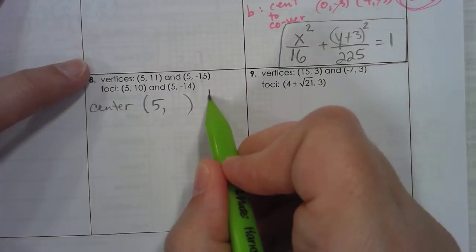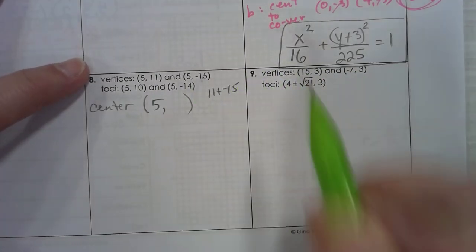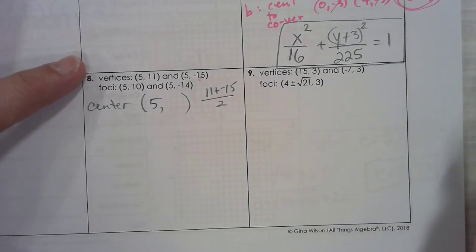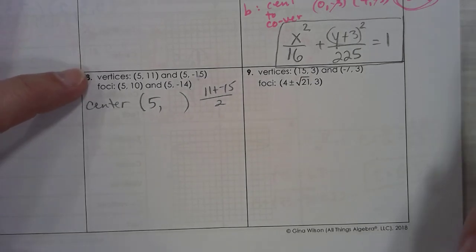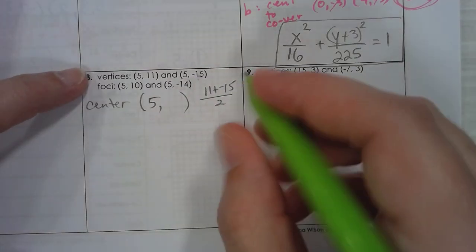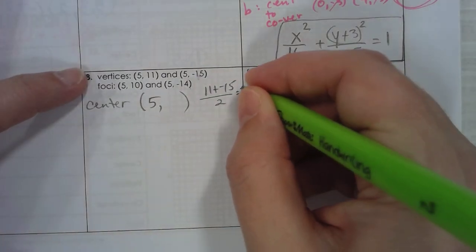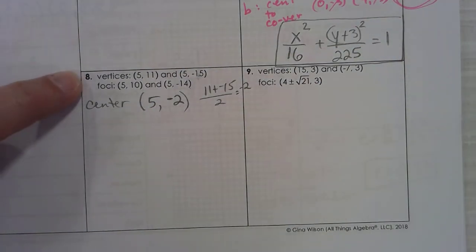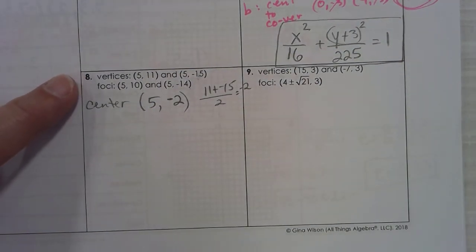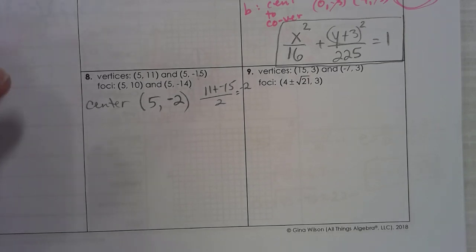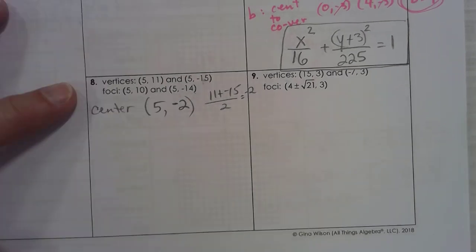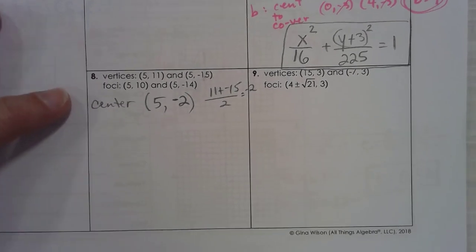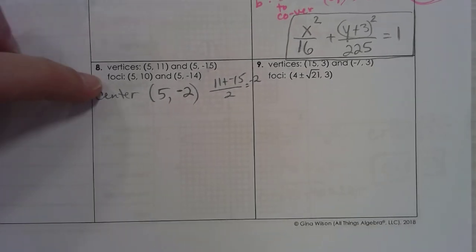So halfway between 11 and -15. 11 plus -15 is -4. -4 divided by 2 is -2, which would be the same as that. All right, so we have the center. Now we need A and B. Which one of these could give us one of those letters? Vertices, foci, A or B?